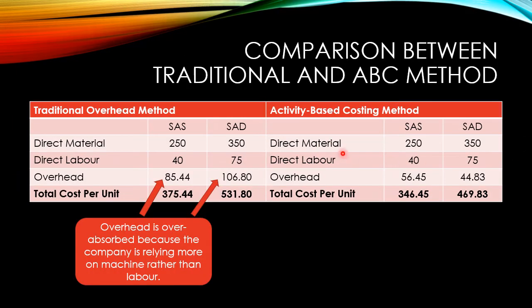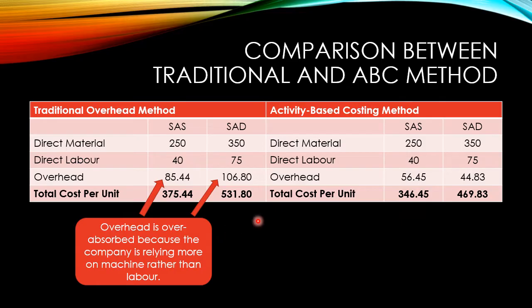So we compare the traditional method with the ABC method. The traditional method shows that we have absorbed SAS at 85 ringgit and SAD at 106 ringgit. Whereas if we use activity-based costing, the absorption is more accurate, because we only absorb 56 ringgit 45 cents for each of the products.